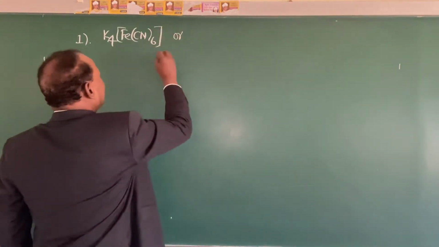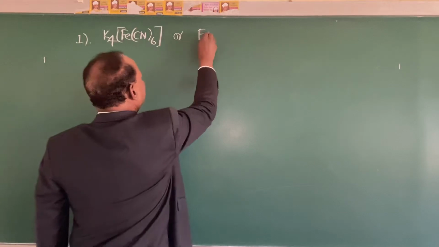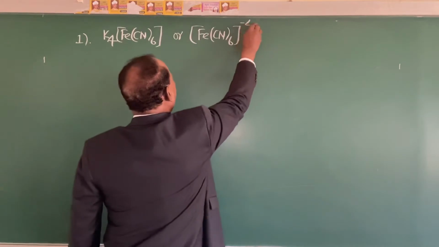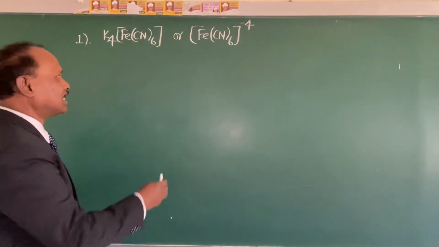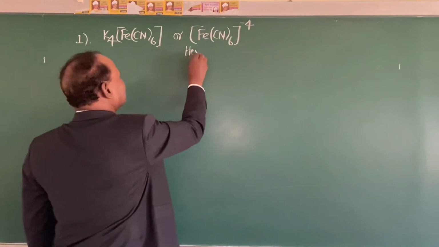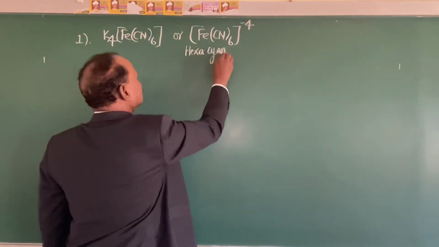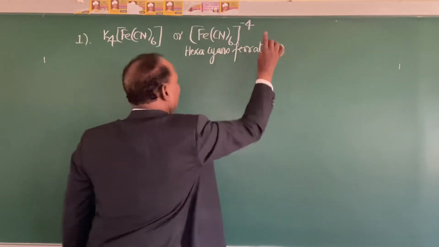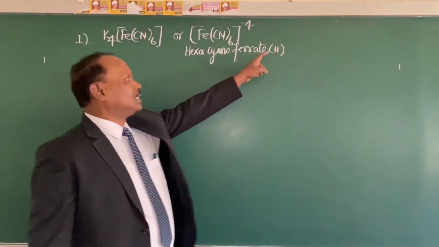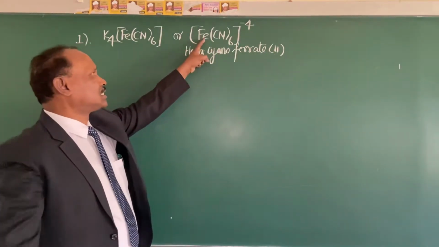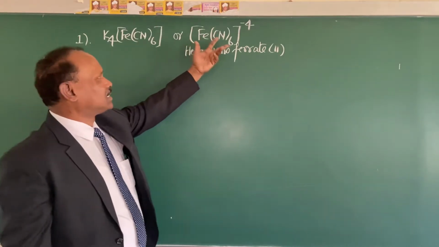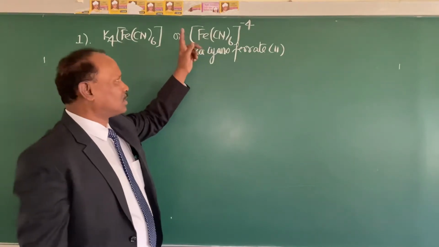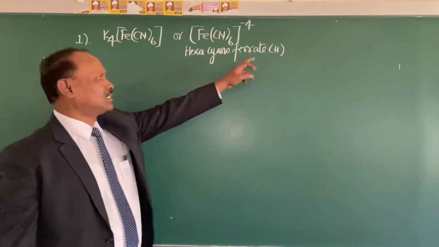Or this is also written in the form of the ion [Fe(CN)6]4-, and this complex ion is called hexacyanoferrate(II) complex ion. So here the 2 indicates the oxidation state of this iron, because there are 6 negative charges, only 2 are balanced, therefore the oxidation number of the iron is 2, remember that.